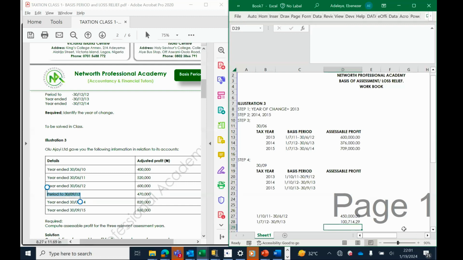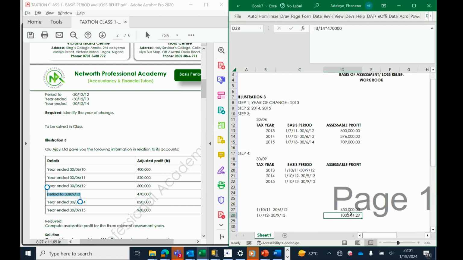That is 94,000. Then the 450, so both will now be the addition of the two. So that's 544,000.